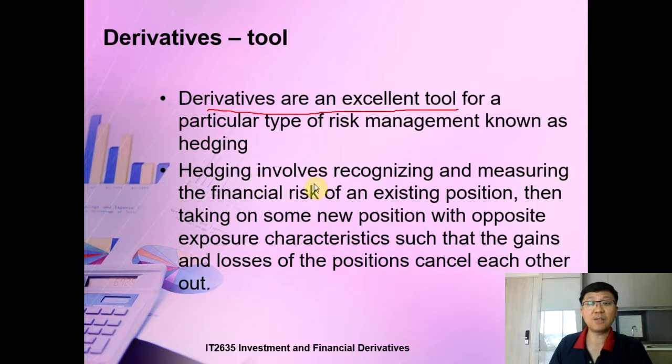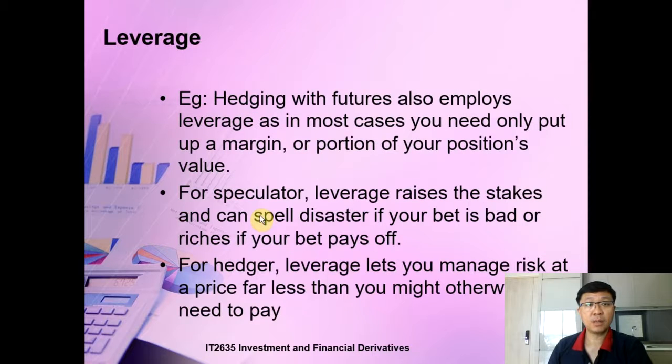So hedging is definitely recognized as a way to reduce financial risk, right? They basically use some of the gains that they make in the derivatives to compensate some of the real losses that they have in the market. So you can see it as a kind of leveraging, right?